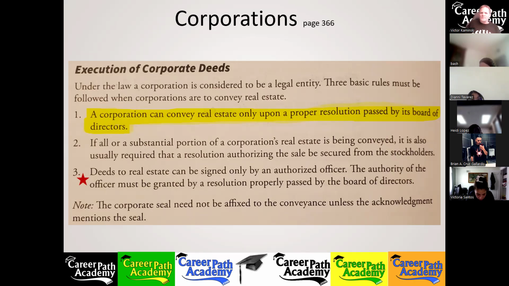If a substantial portion of that corporation's real estate is being conveyed, it usually is also required that a resolution authorizing the sale be secured from the stockholders. But that's only if they're selling all of the property that the company owns, or a major substantial portion of it.